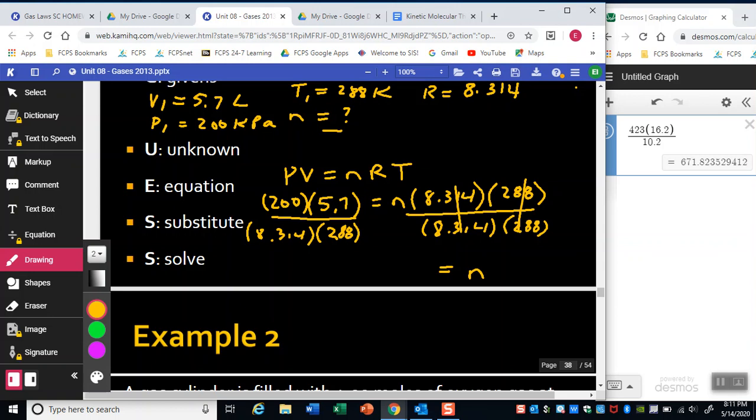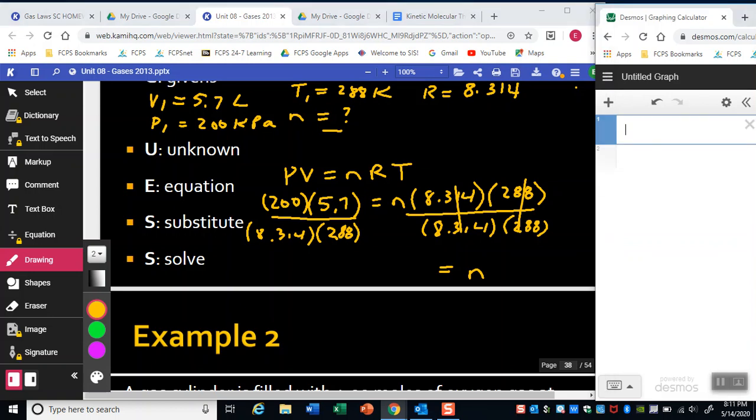And so I'm going to put this into Desmos. I'm going to go ahead and make that a fraction right away. It just makes it a little bit easier. And I've got 200 times 5.7, and I'm dividing by my constant, 8.314 times the temperature, 288.